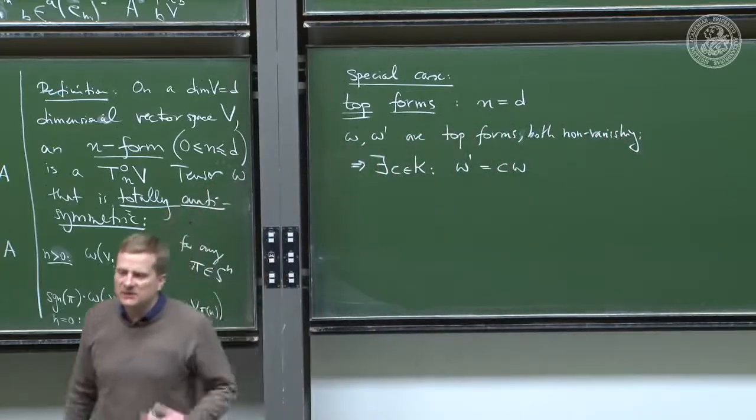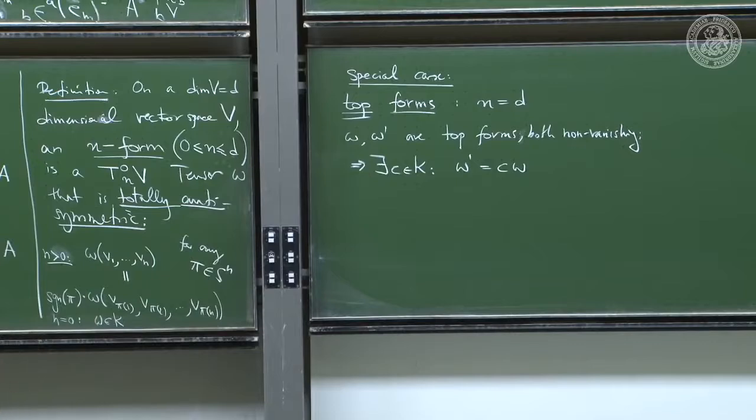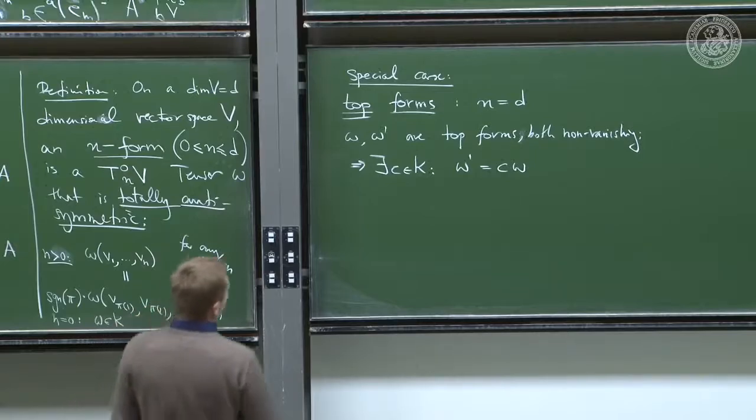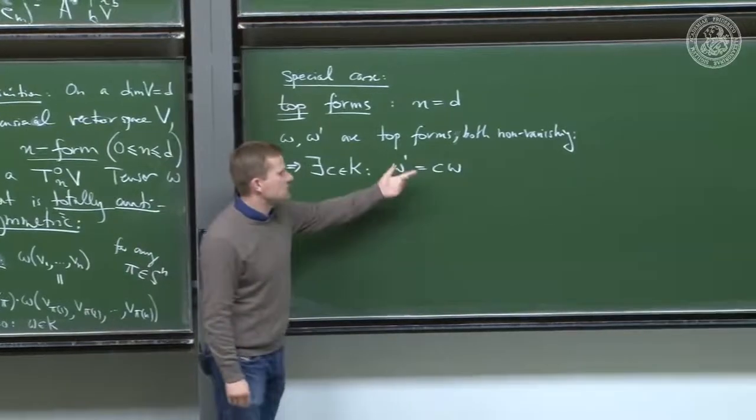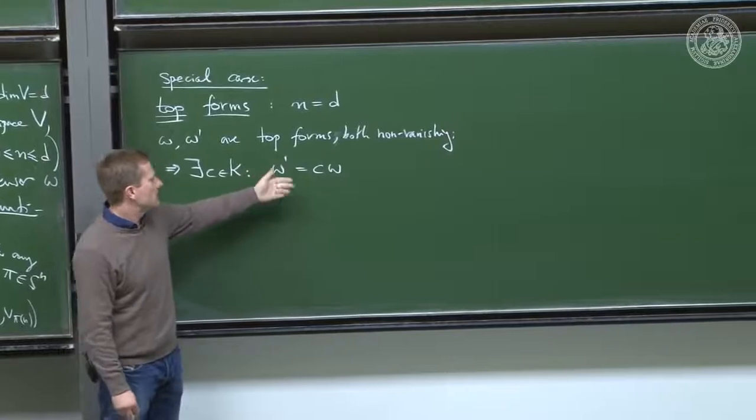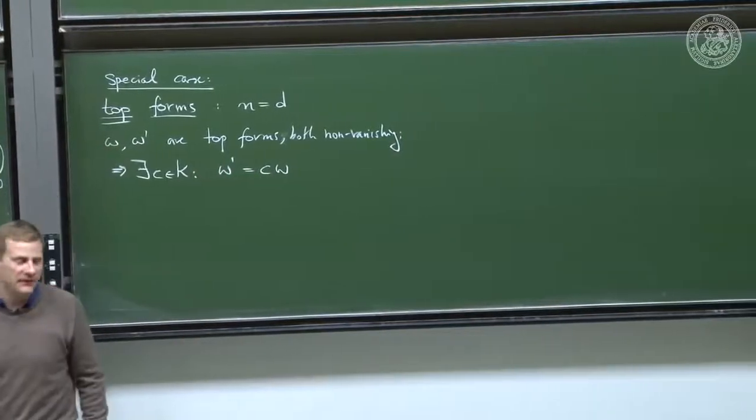That means essentially up to a scalar multiple, there is only one top form constructed over a vector space. Okay, that's very, very easy to see because it's totally antisymmetric. It can only differ by a factor.